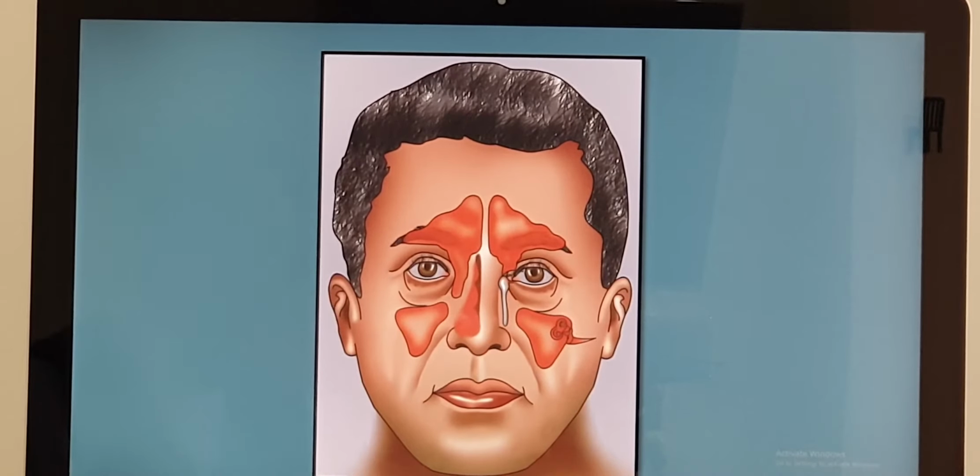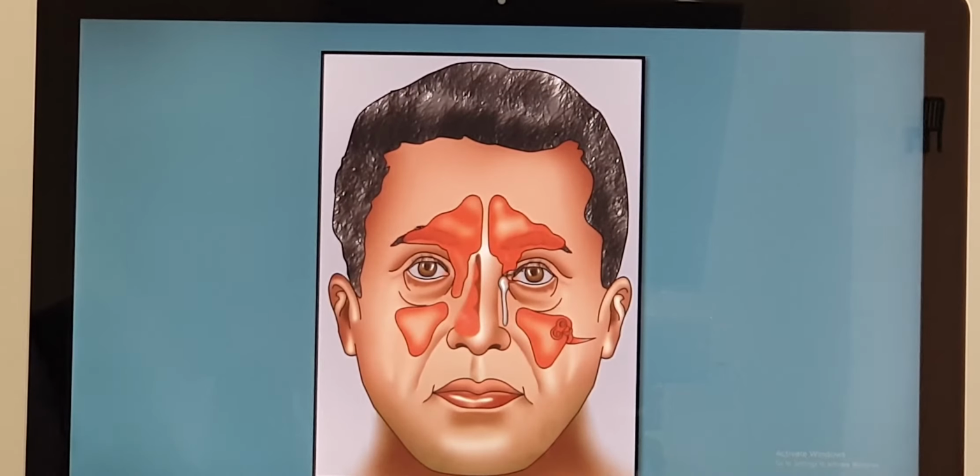So it has been named lamina papyracea, something which separates the eye and the sinus, and it is papery thin, that's why. So it can very easily spread from the ethmoid sinus into the orbit.